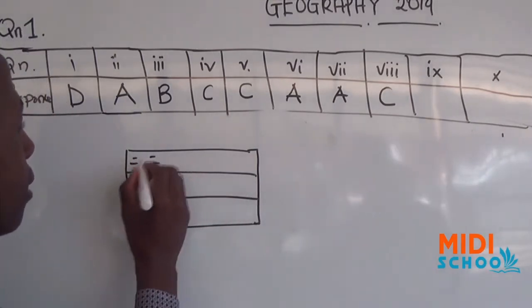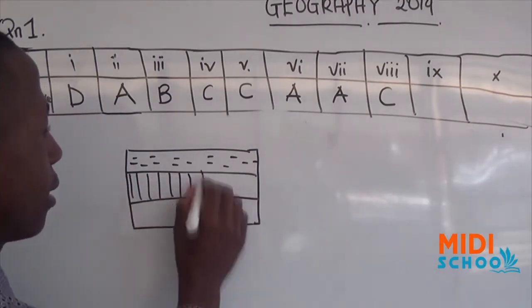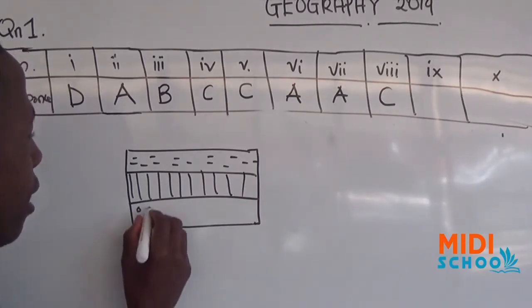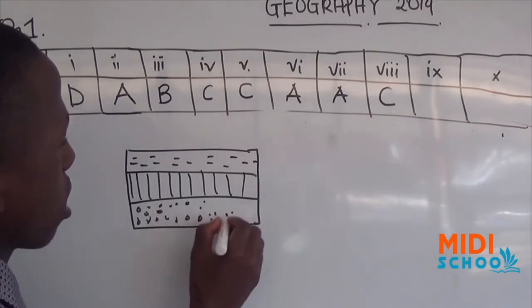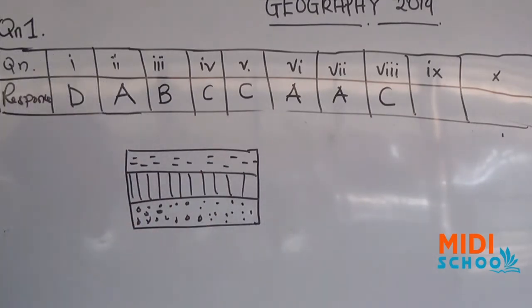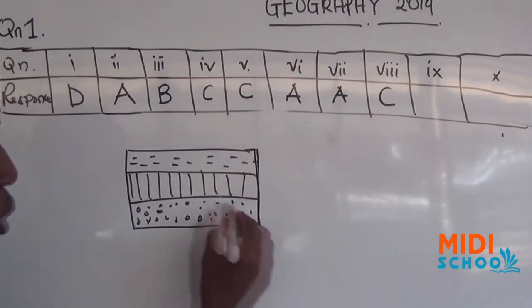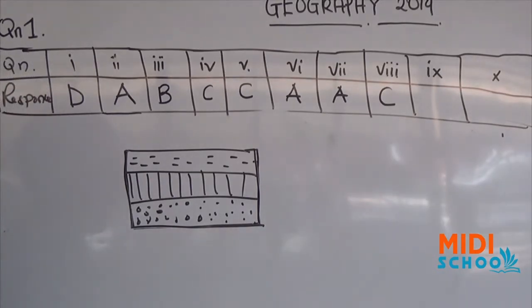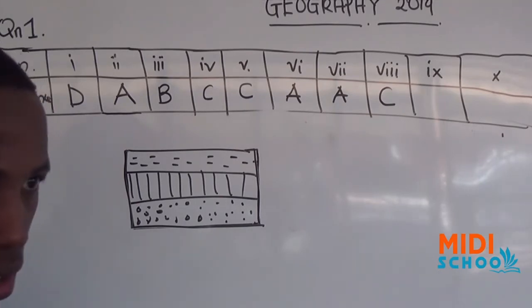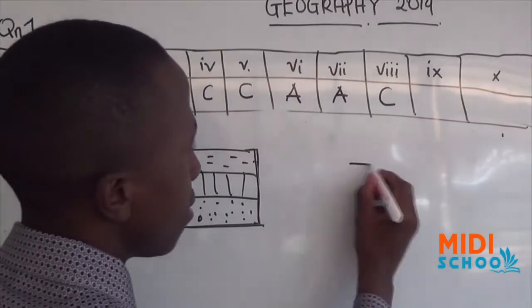We have the layer above there, and we have the second layer, and we have the third layer. After divergence of the continental crust and the oceanic crust, the crust pulls apart. It comes to create a feature like this.